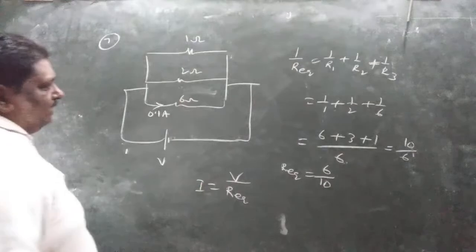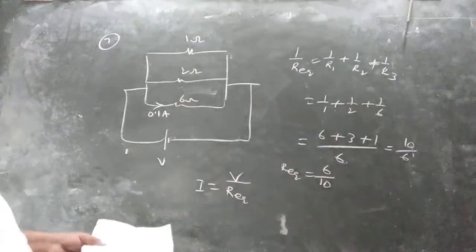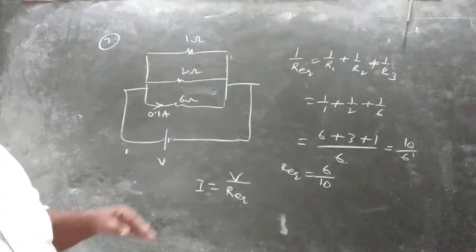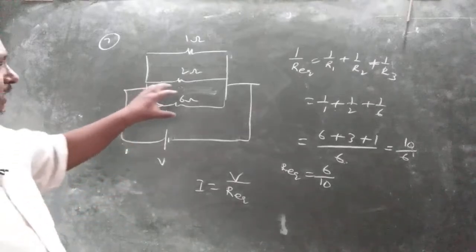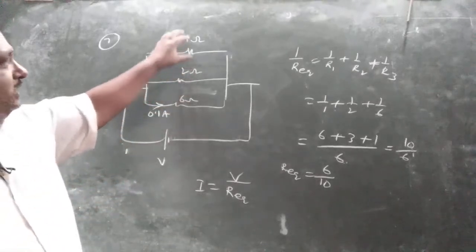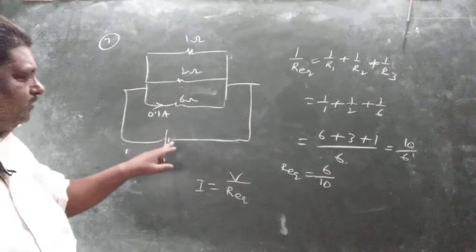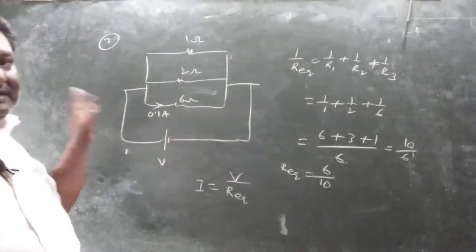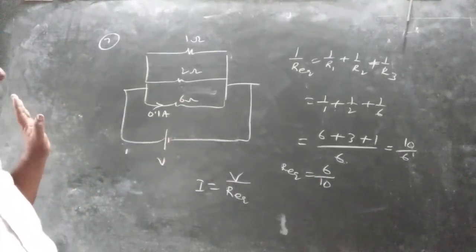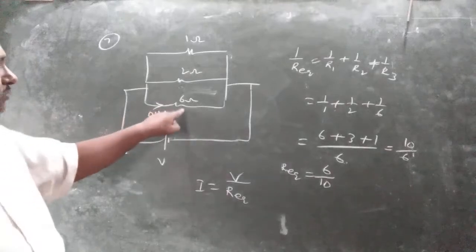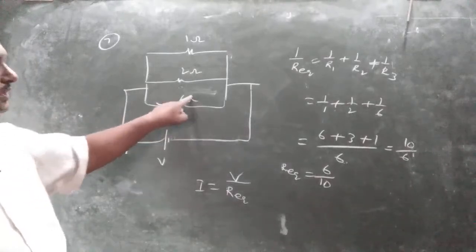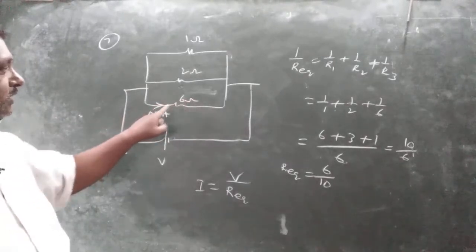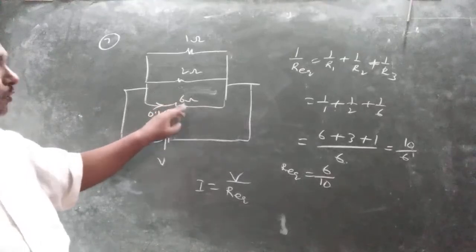Total voltage is required. But you know one property: in a parallel branch the voltage is the same. Here how much voltage, here how much voltage, here the same voltage, provided there are no other resistances and only the parallel branch is present. Therefore, what is the voltage here? Current into resistance: 0.1 into 6, which is 0.6 volts.